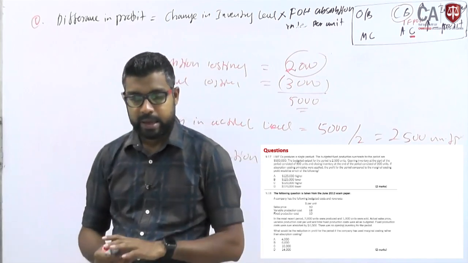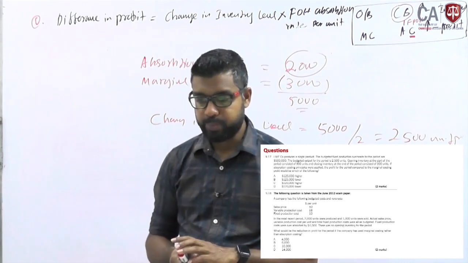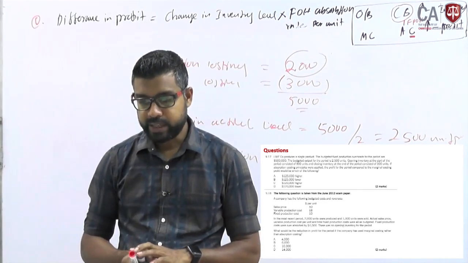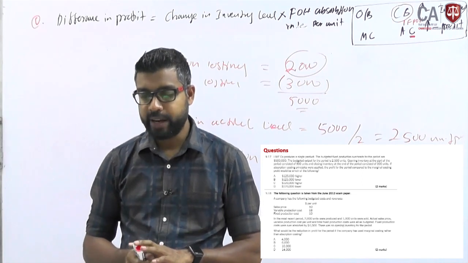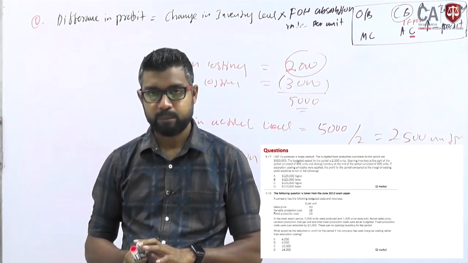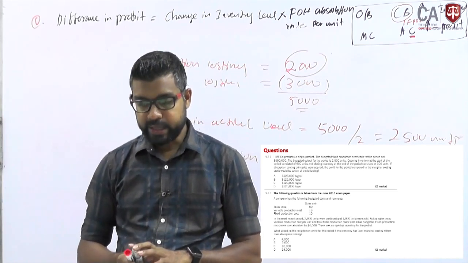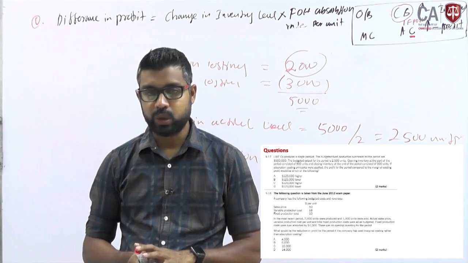HMF company produces a single product. The budgeted fixed production overhead for the period is 500,000. The budgeted output for the period is 2,500.